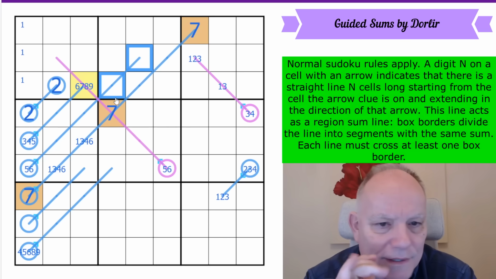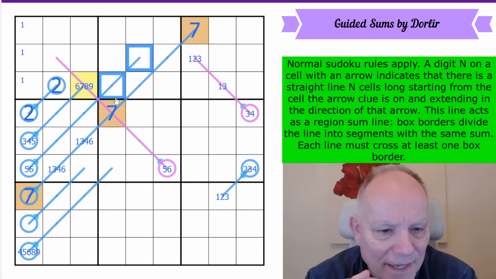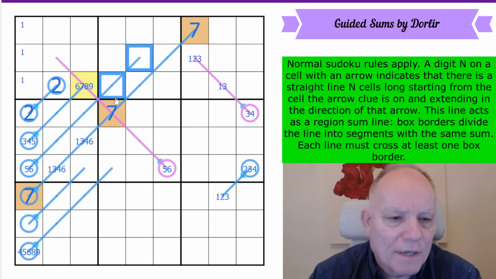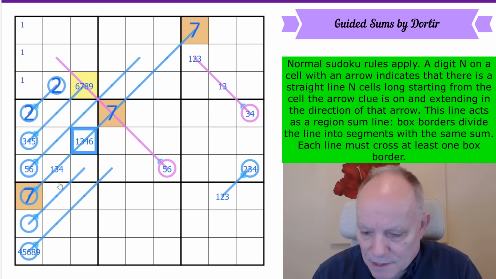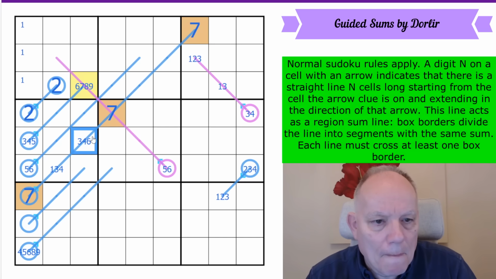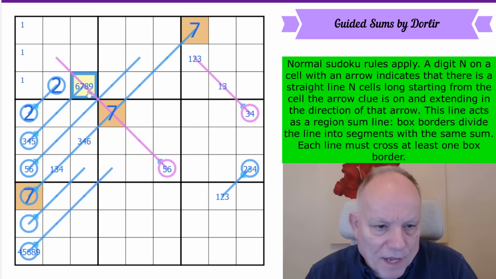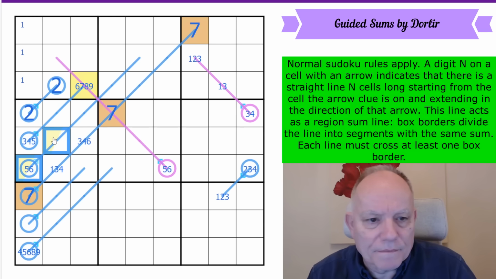Wow. This puzzle is bonkers. Oh, 5, 6 pair there rules out this from being a 6. That stops this being a 1. Now I've still got to think about where this digit goes in this box. Because now it's either there or there. That's the only place that yellow can go. It's in one of those two cells.